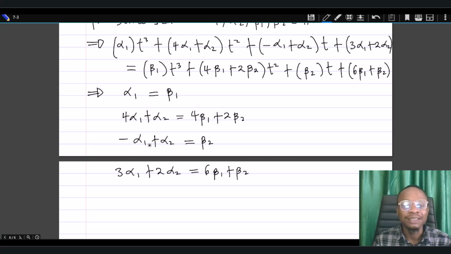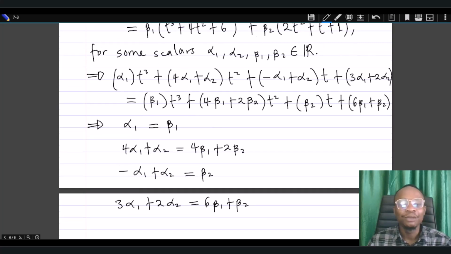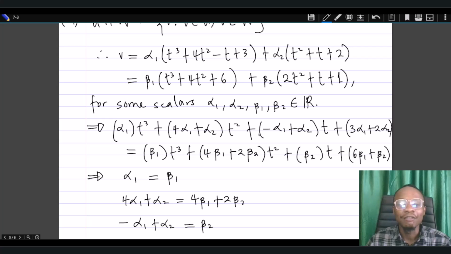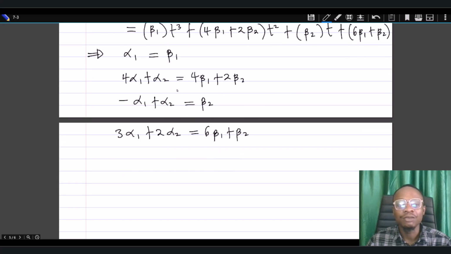How many unknowns? 4 unknowns. We need to get alpha 1, alpha 2, beta 1, and beta 2. So 4 unknowns, and we have 4 equations. Okay, so we can arrange this properly and solve. We now have a linear system of equations. So the first part gives us alpha 1 minus beta 1 equals 0.